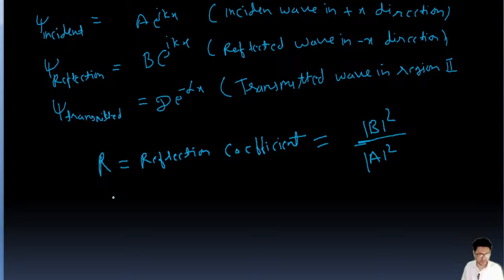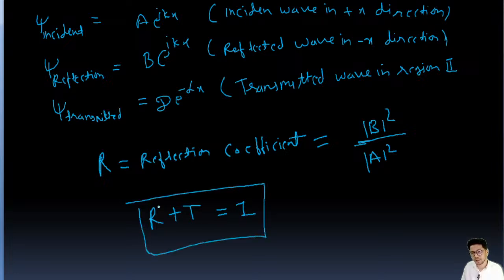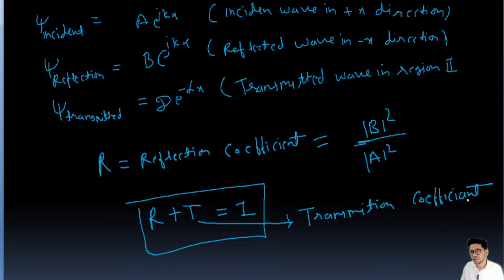And there is a formula we know: R plus T, the sum of the reflection coefficient plus the transmission coefficient, is equal to 1, where T is the transmission coefficient.